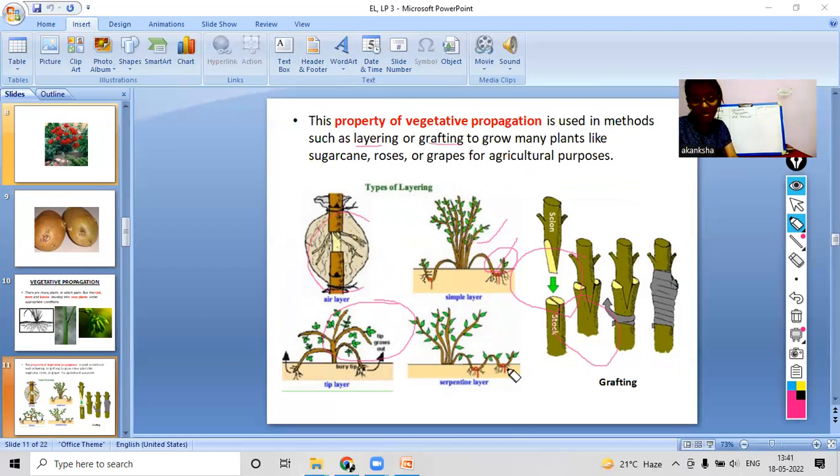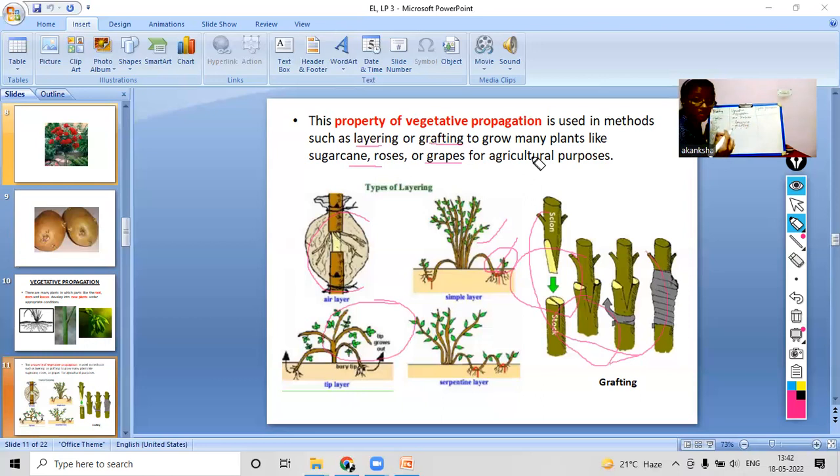Grafting is usually used for the rose plant, and to grow many plants like sugarcane, rose, and grapes for agriculture purposes. So these are the different techniques through which we achieve vegetative propagation. What were the different techniques? There was layering. Then what was the other technique? Then there was grafting.